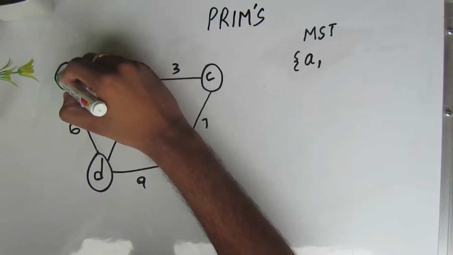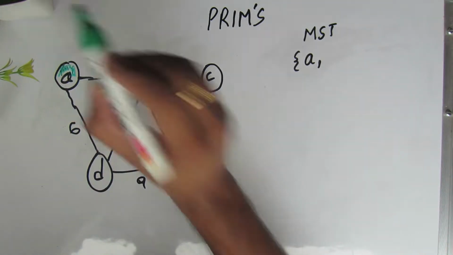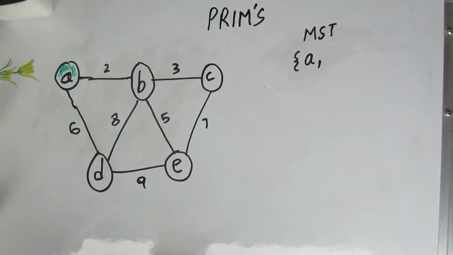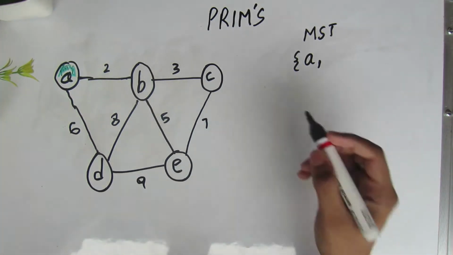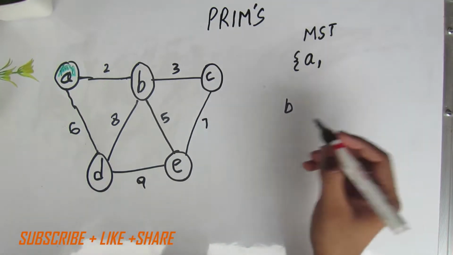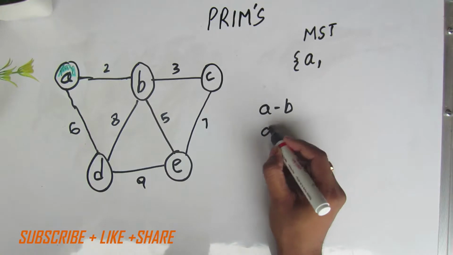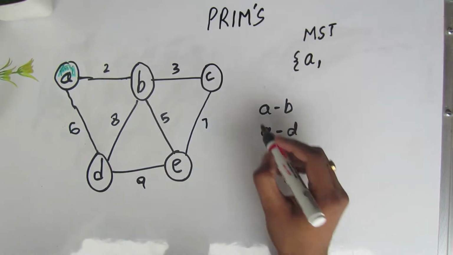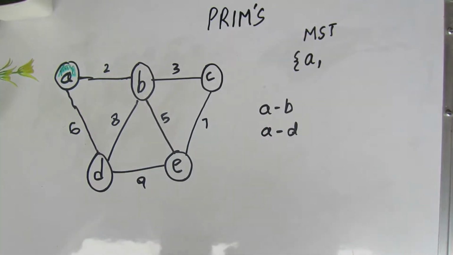Let's color it green to note that it is part of the minimum spanning tree. As we have discussed earlier, we need to consider all the adjacent edges of the candidate set. The candidate set now has only one element, that is A. So let's consider all the adjacent edges of A. We can go to B from A or to D from A. These are the possible adjacent edges.